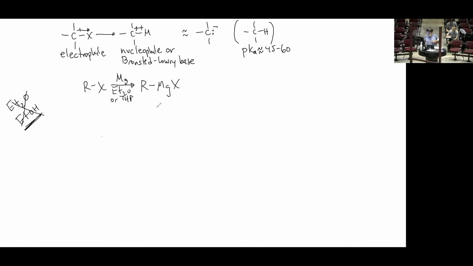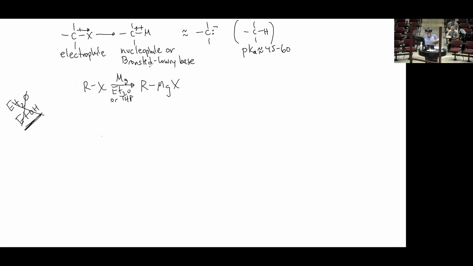Good, so basically, if you take almost any alkyl halide, and it's pretty general for R, any sort of hydrocarbon group is fine. It can be primary, secondary, tertiary, aromatic, vinylic, these all work. You just don't want the group R to have any functional group that's going to react with a Grignard reagent. So nothing protic, no carbonyl groups.